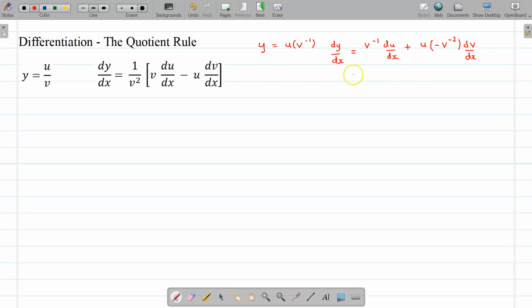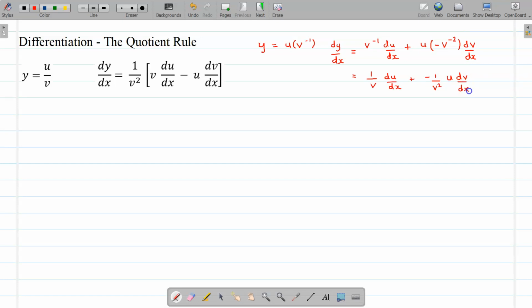So what I'm going to do now is write that as 1 over v times du by dx, and over here I'm going to write this as minus 1 over v squared times u dv by dx. Now it's nearly there.